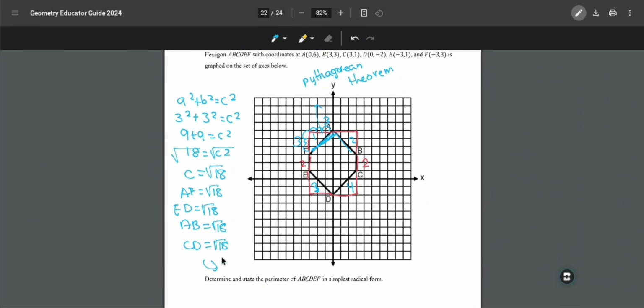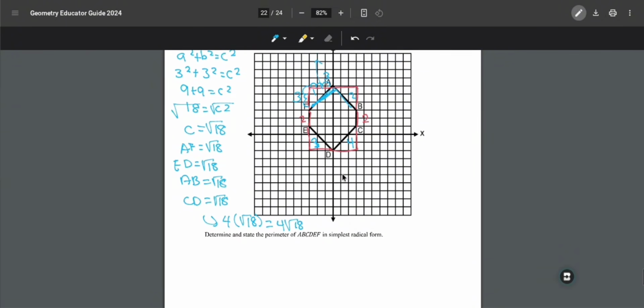To make it easier on myself, I'm just going to do 4 times square root of 18, and I'm going to get 4 square root of 18 as the side length of the 4 triangles that I was trying to find. And then I have 4 square root of 18 plus 2 plus 2.